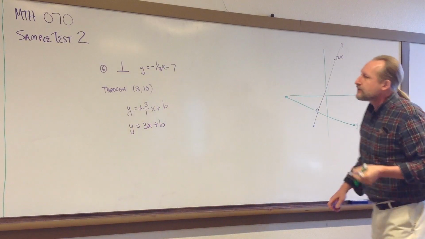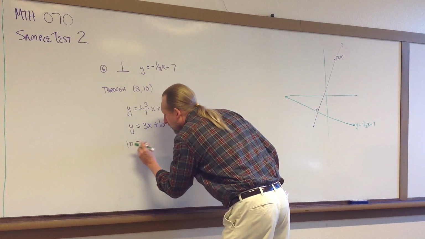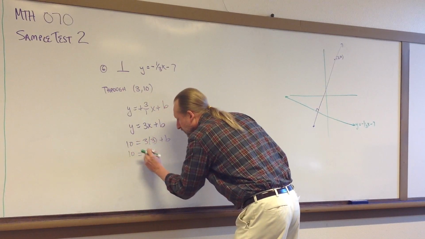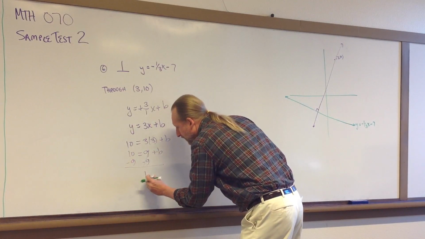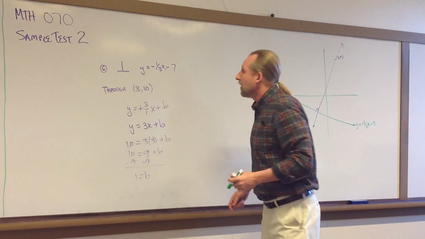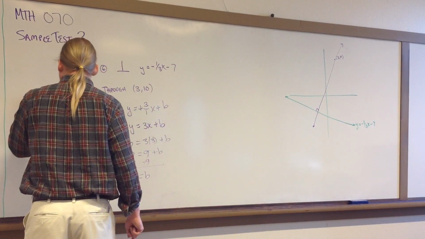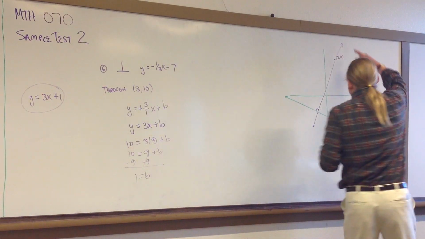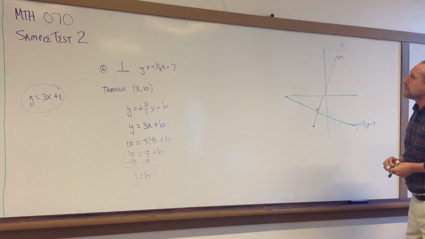And then again, to find out what the value of b is, we'll plug in 10 for the y and 3 for the x, and then get the b by itself. b in this case is +1. So the answer to number 6 then is going to be y equals 3x plus 1. And that's the equation for this purple line right here, and there's the y-intercept at +1.